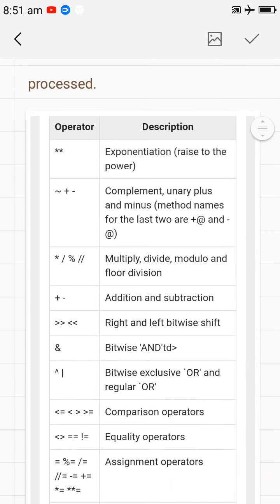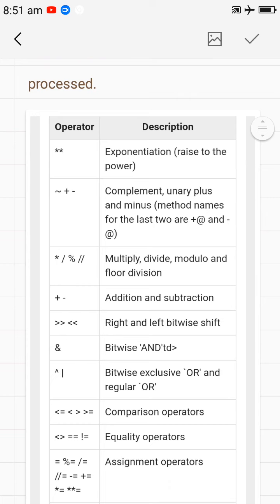As you can see in this table, exponentiation is the highest level operator, so it will execute first. Second, the one's complement, unary plus and minus will execute. After that multiply, divide, modulo and floor division will execute. Then addition and subtraction.